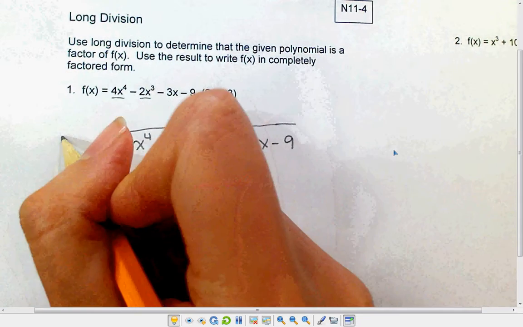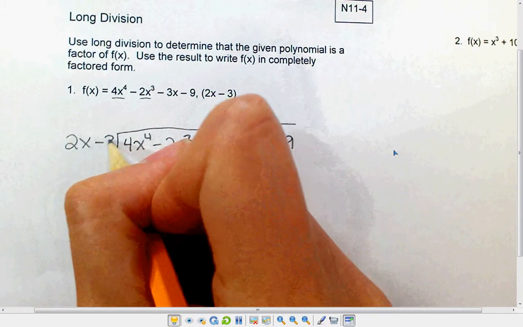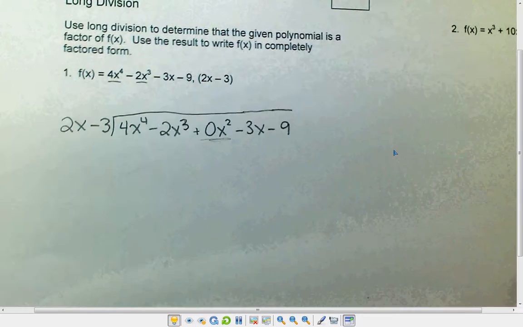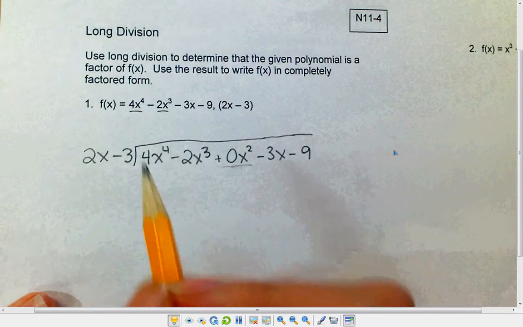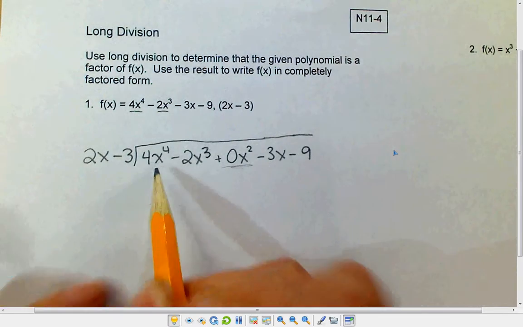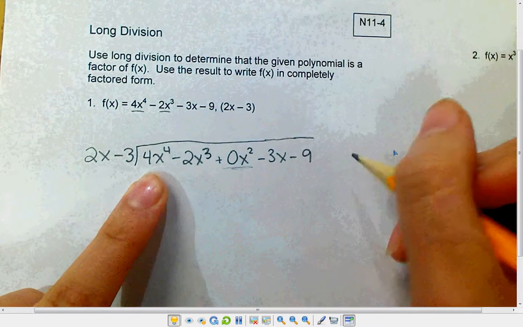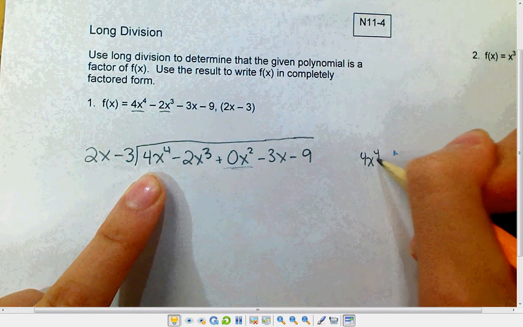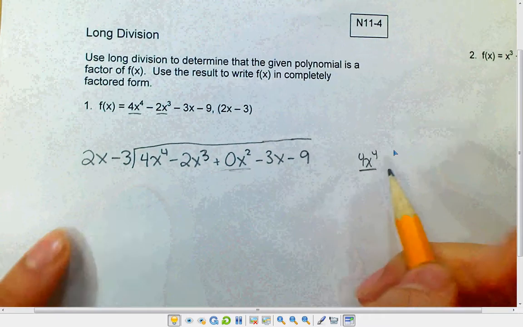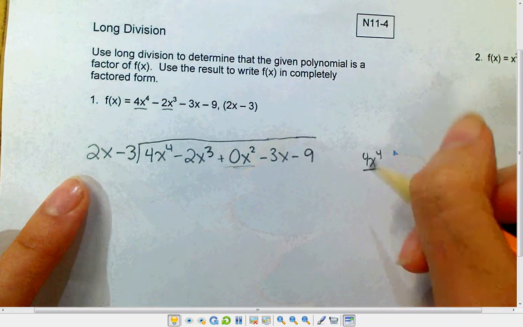Now I'm going to divide it by 2x minus 3. Just like in a regular division problem, we start off with the first term. I want to see how I can divide 4x to the fourth by 2x.